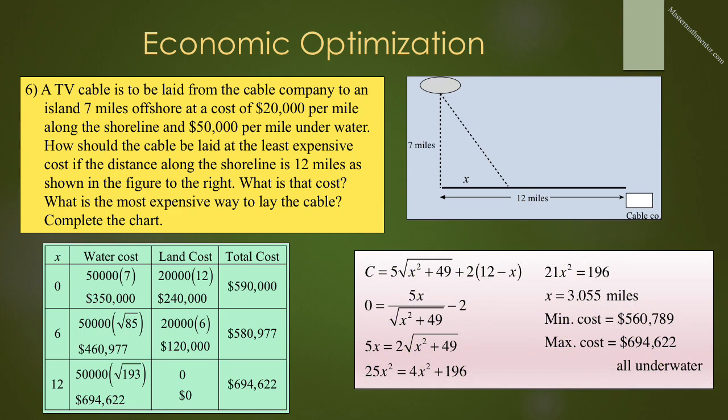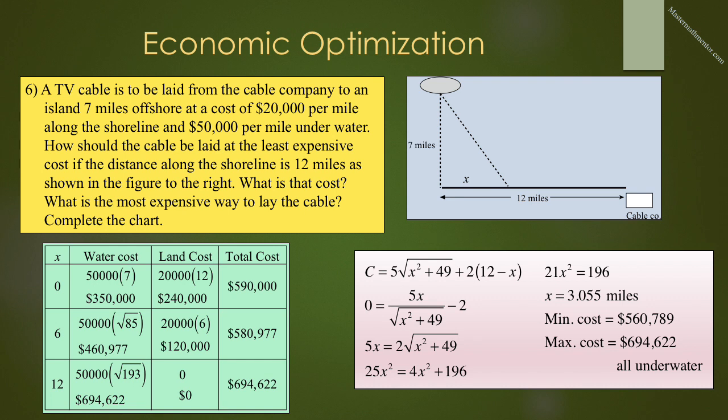So our cost equation is 5 square root of x squared plus 49 plus 2 quantity 12 minus x. We use 5 and 2 rather than 50,000 and 20,000 to make things easier. At the end, we will calculate our cost by multiplying by 10,000.